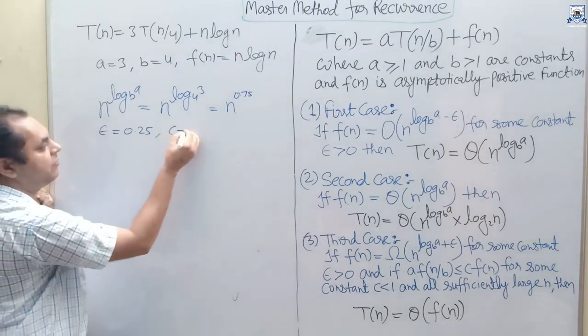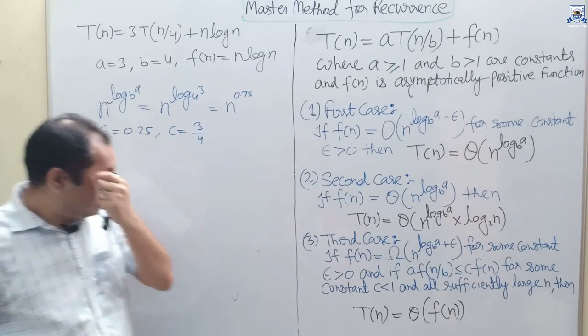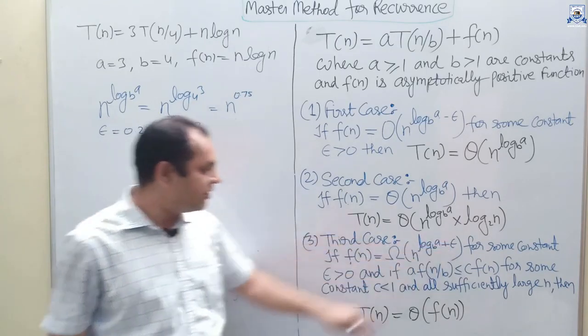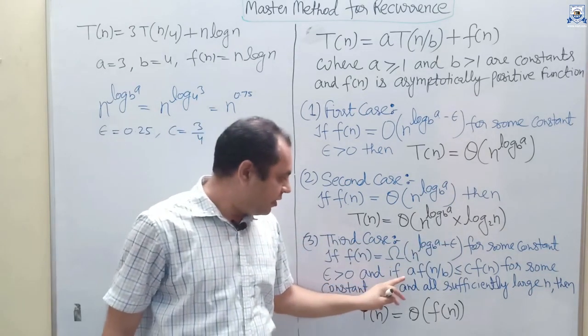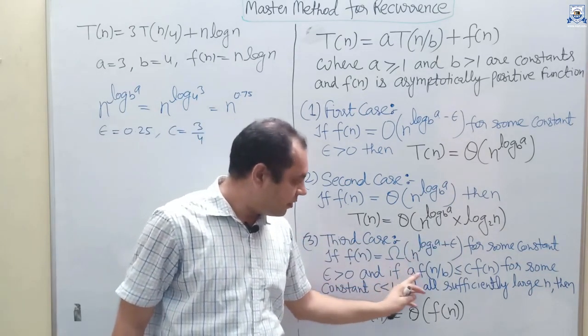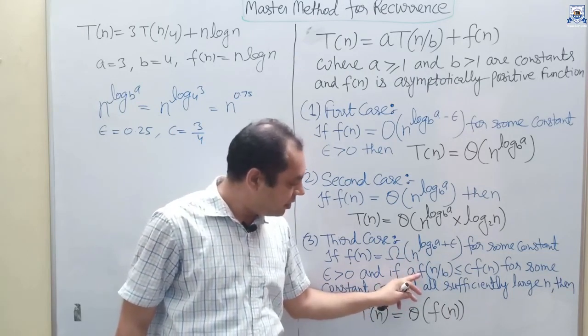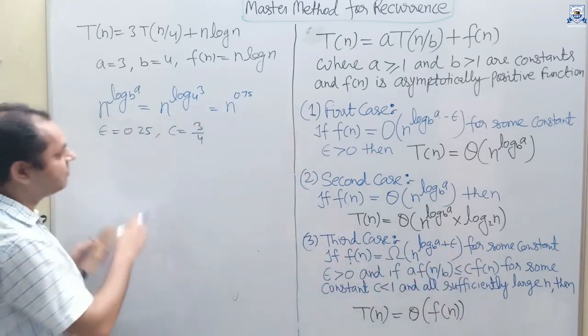So we have also found the value of c. We have already checked this and found the value of epsilon, which was 0.25, and after checking the regularity condition, a f(n/b) less than or equal to c f(n), we have also found the value of c, which was 3/4.